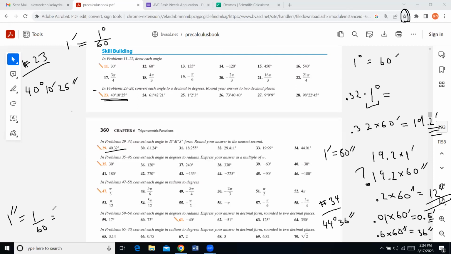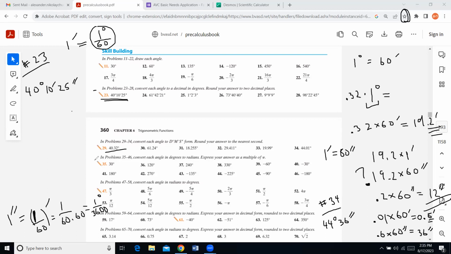So how can you do this? That's 1/60 of a degree for a minute. But again, instead of 1 minute, I can use 1/60 of a degree. So it'll be 1/60 divided by another 60. So if you divide 1/60 by another 60, you'll put 60 in the denominator. So it'll be 1 over 3600 of a degree.